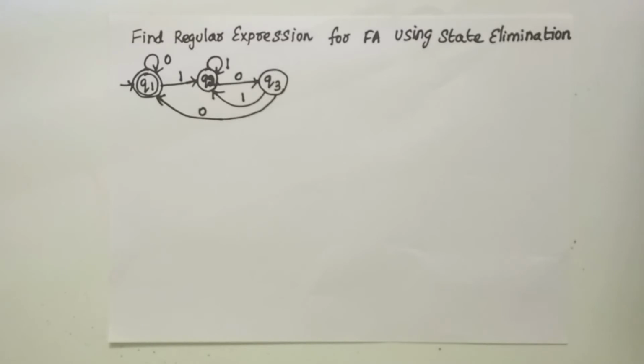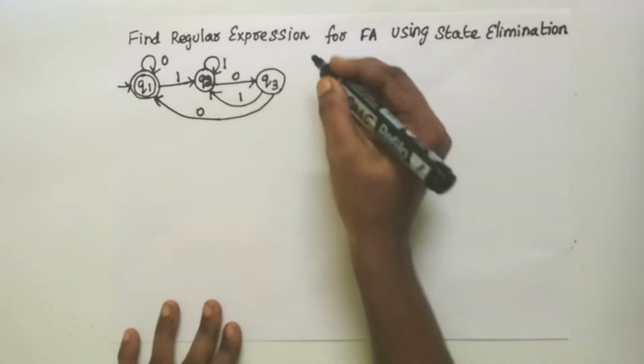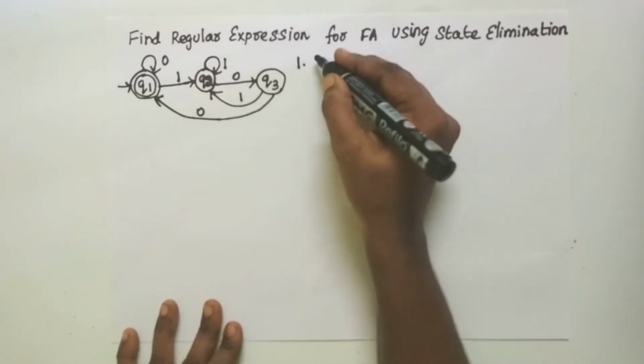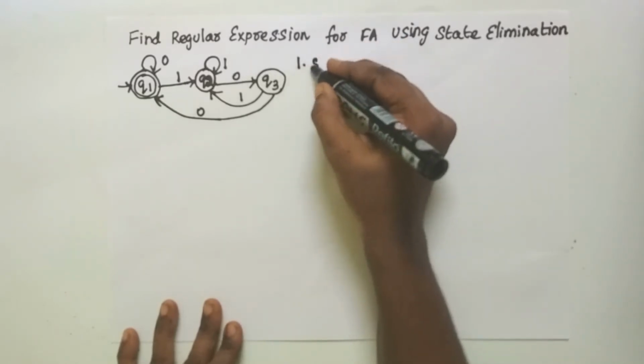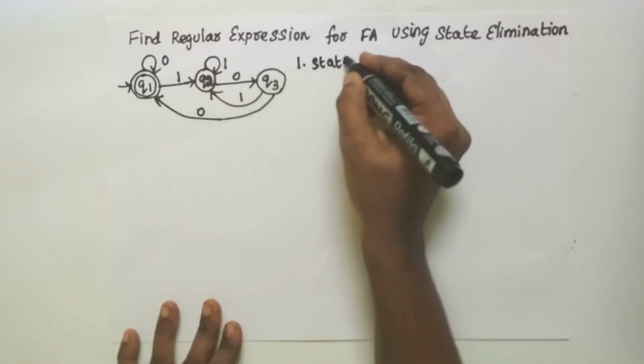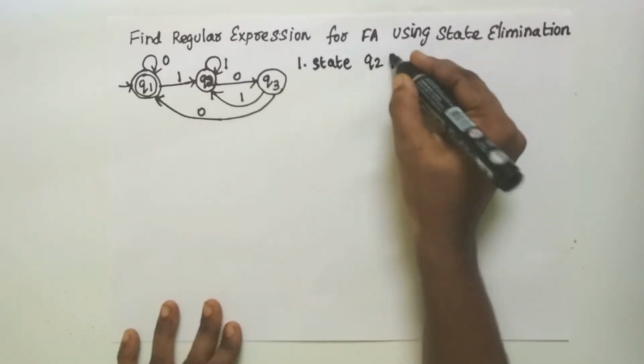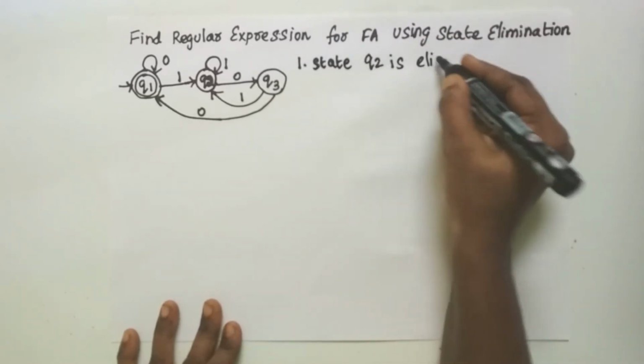Since there are two intermediate states, the first step is I am going to eliminate the state Q2.